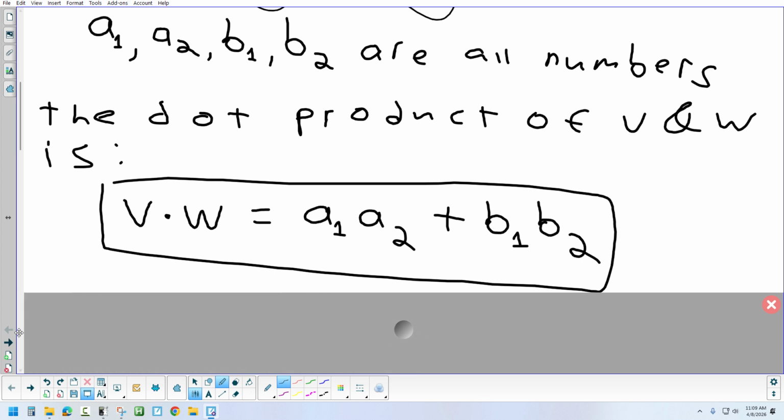Let's think about what kind of answer you get when you do a dot product. What did we just say A1 is? A number. How about A2? A number. What do you get when you multiply a number times a number? A number. How about B1 and B2?